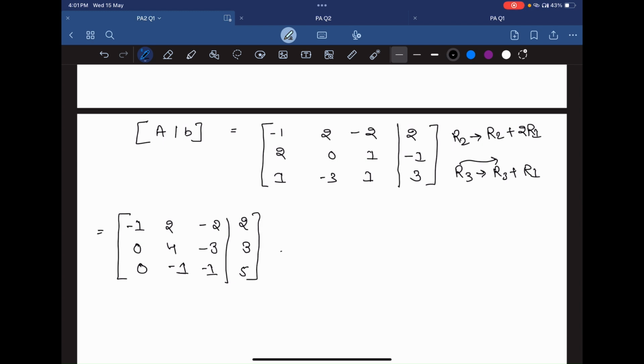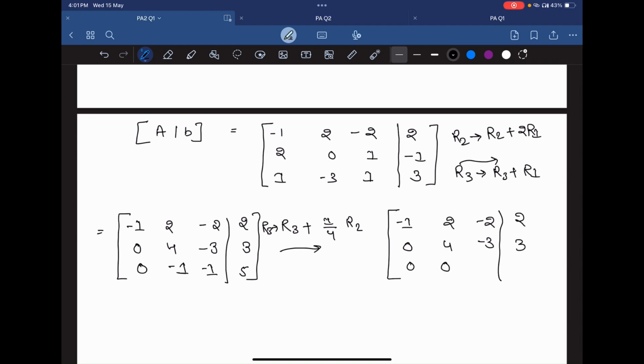Now let's again do a row operation, that is R3 plus 1 by 4 R2. This we are doing on the third row, and we will get minus 1, 2, minus 2, 2, 0, 4, minus 3, 3, 0, 0, minus 7 by 4, 23 by 4.